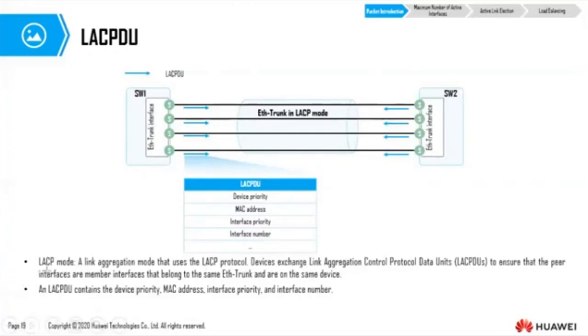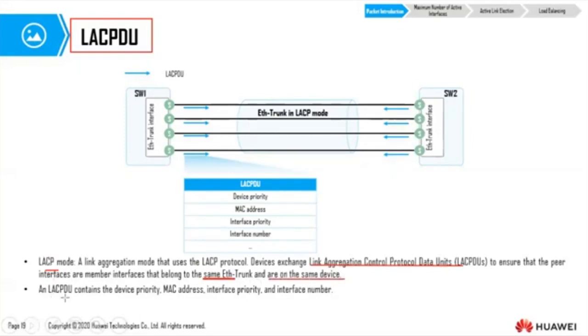So in LSCP mode, a link aggregation mode that uses the LSCP protocol, devices exchange LSCP protocol data units, what we are calling LSCPDUs, to ensure that the peer interfaces are member interfaces that belong to the same Eth trunk and are on the same device.